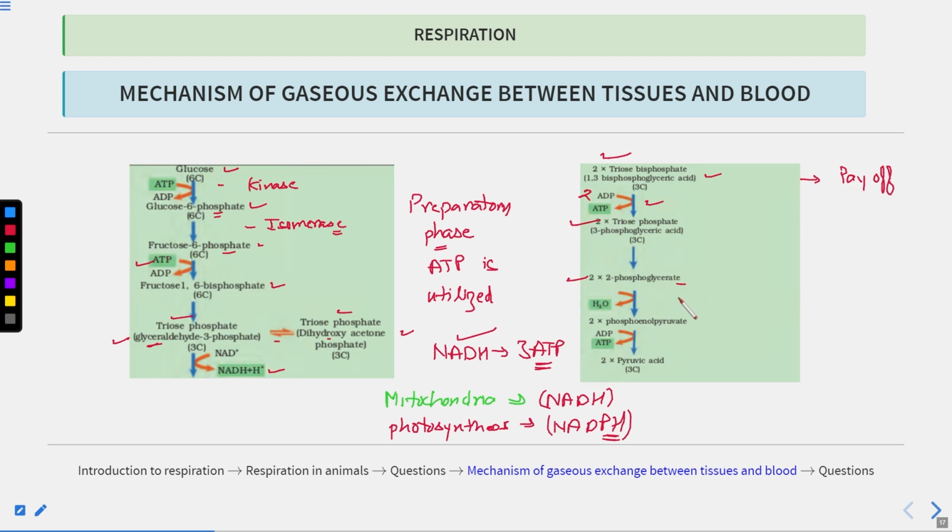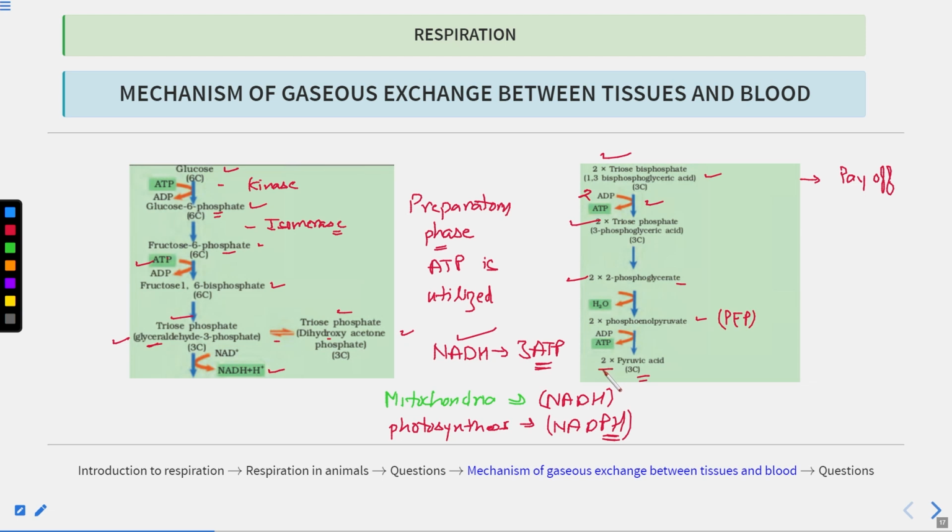In the end, 2-phosphoglycerate is converted into phosphoenolpyruvate, PEP. Then phosphoenolpyruvate is converted into pyruvic acid, which is a 3-carbon compound.